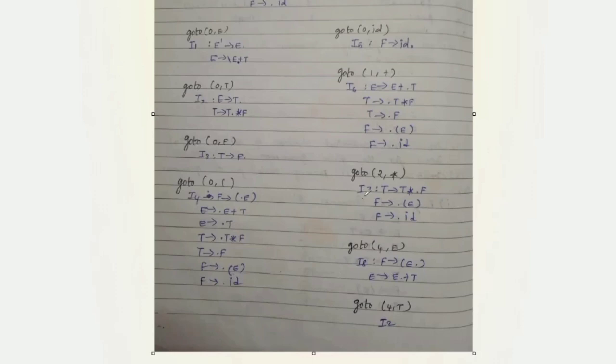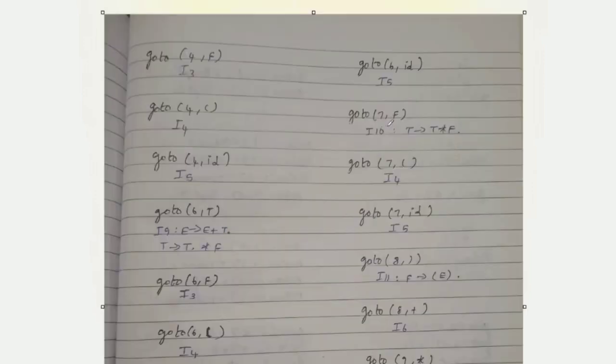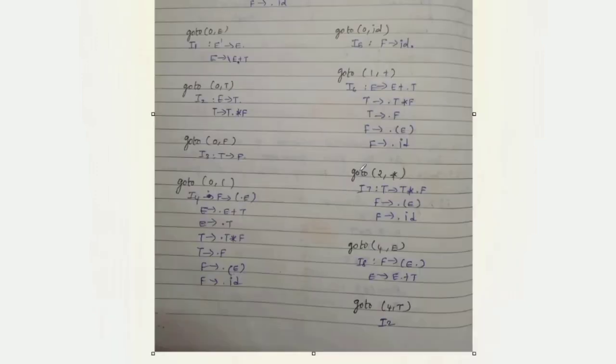In item number 7, we move dot over symbol name capital F. Then T tends to T star F dot. Here you write go to 7 comma F going to be T tends to T star F. There is no repetition, which is considered as item number 10. Next transition, go to item number 7. We move dot over open bracket, F tends to open bracket dot E close bracket.